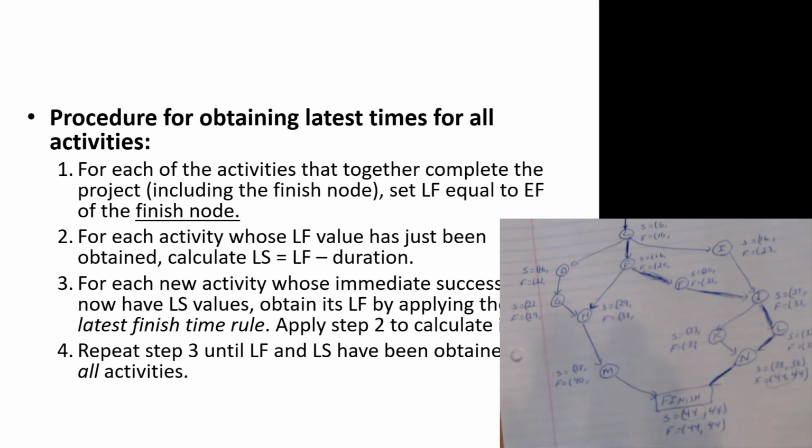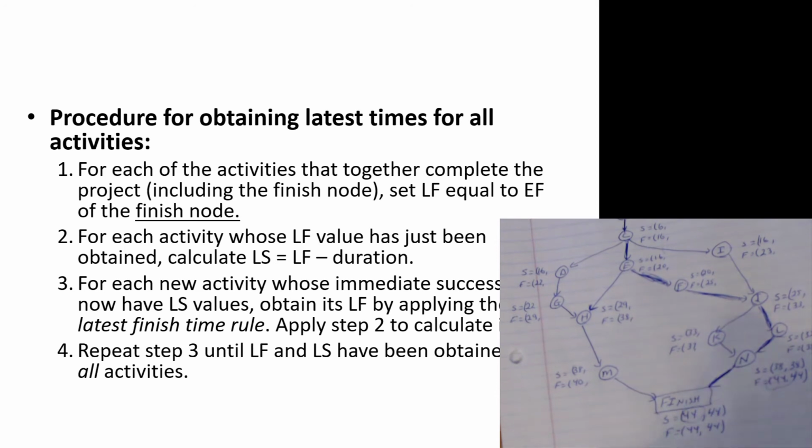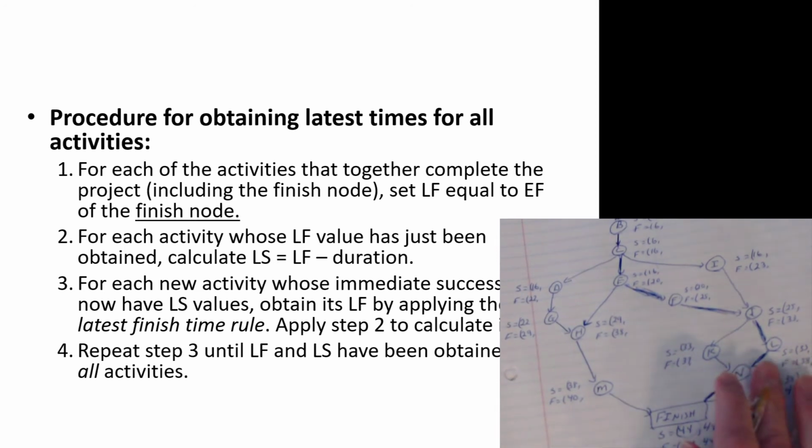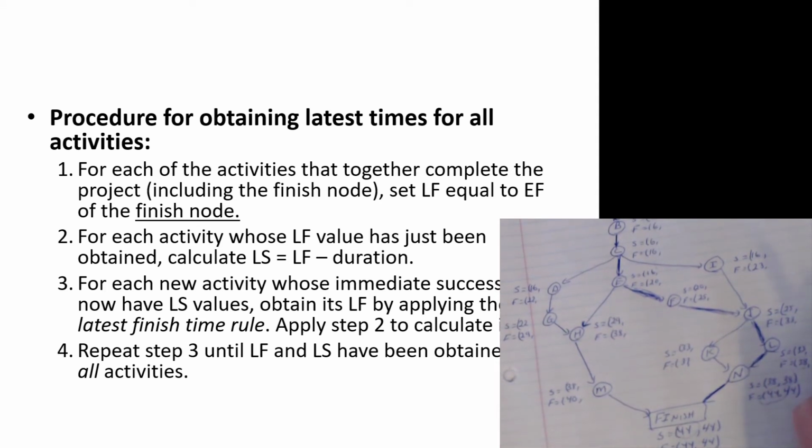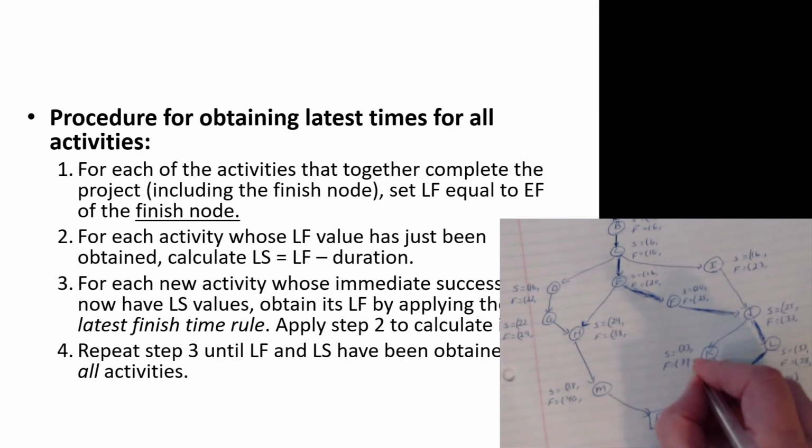Now we keep working backwards. Let's take a look at L and K. So now we're going backwards, L and K. If the latest start time is 38 for N, that means the latest finish time for its immediate predecessing activities is also going to be 38 and 38.